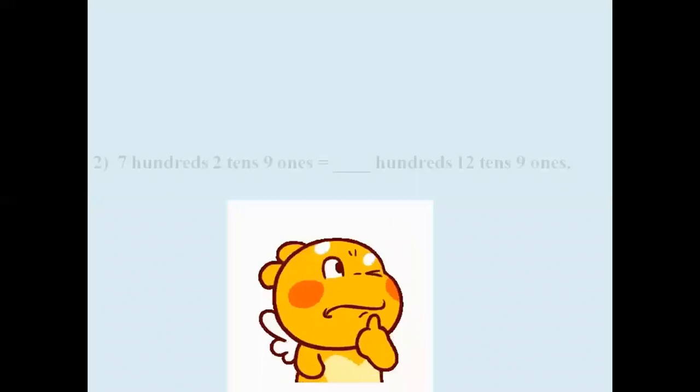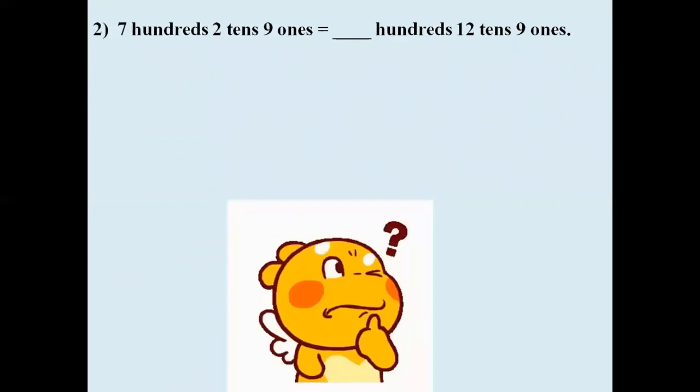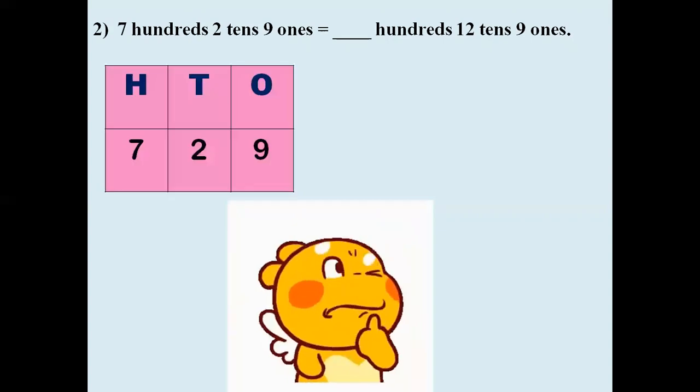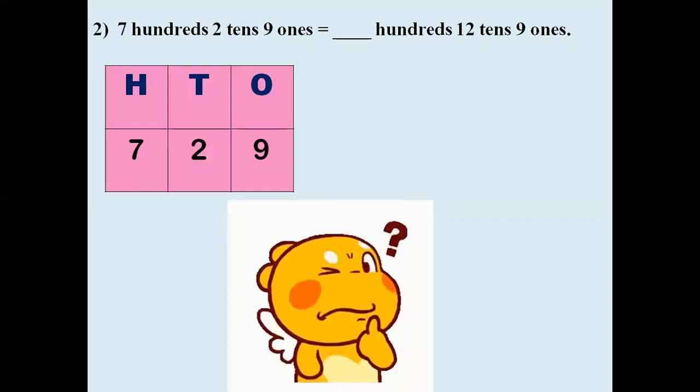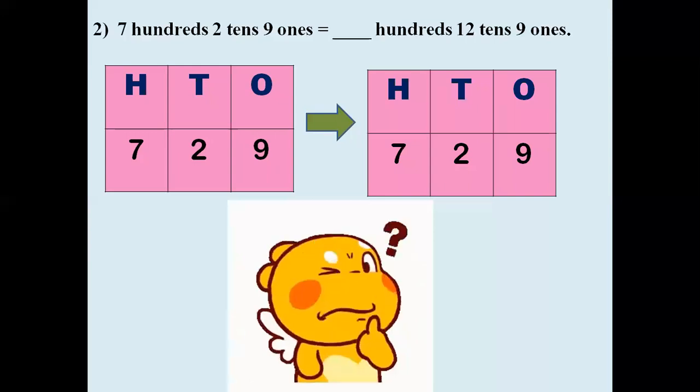Now another question. 7 hundredths, 2 tenths and 9 ones is equal to dash hundredths, 12 tenths and 9 ones. Now let's solve it. Put the digits in column. Here 2 tenths become 12 tenths.